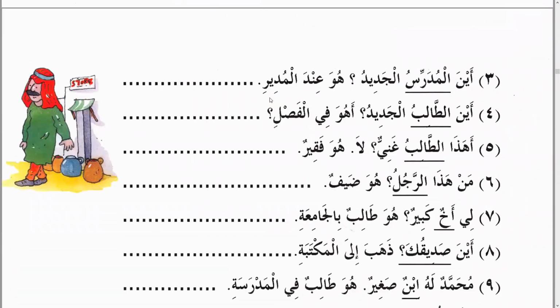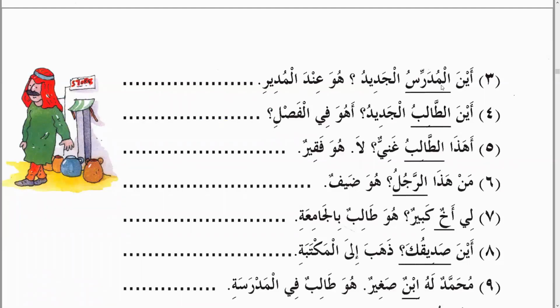Similarly, we can do all the rest. Aina al-mudarrisul jadidu. Where is the new teacher? Huwa inda al-mudiri. He's with the principal. So aina al-mudarrisuna. We'll add a vav noon to this. And jadid becomes judud.